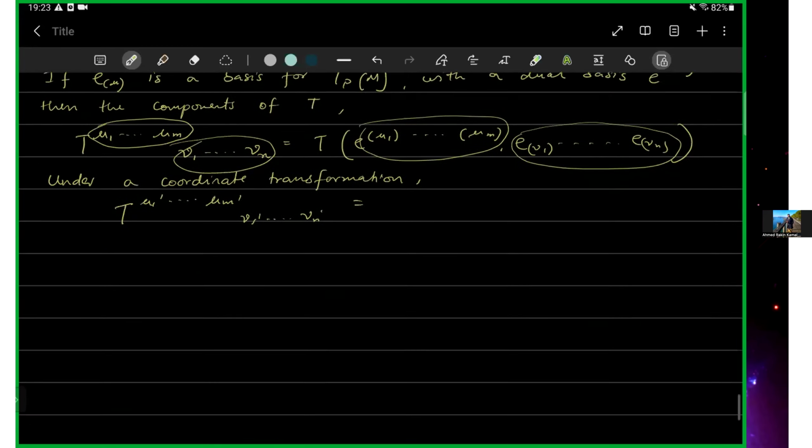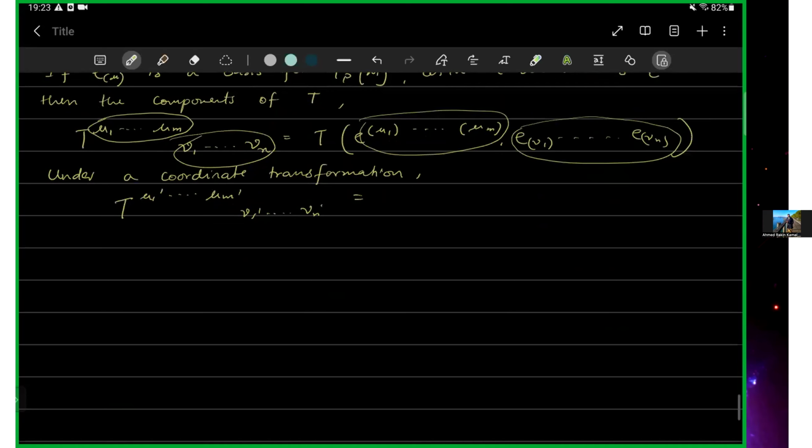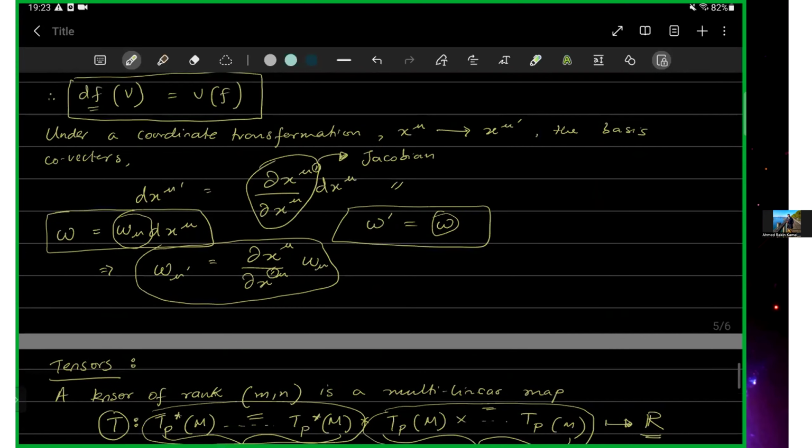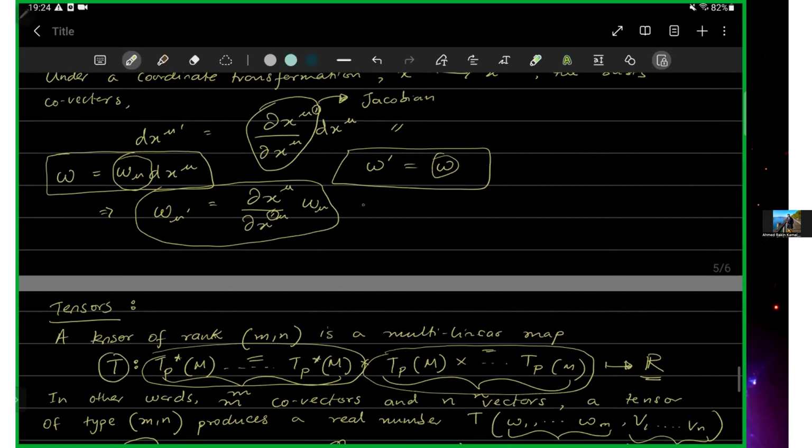right? So in that case, they would be changed via the Jacobian again, but depending on the indices, right? So now remember that for the component of a covector from here, if you look at this one, right? So from here, I have a Jacobian for a covector component as to have the old coordinate system in the numerator and the old coordinate system in the denominator, right?